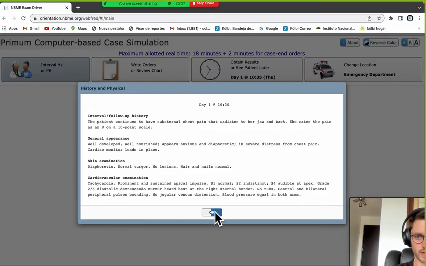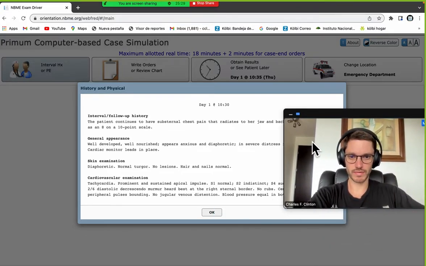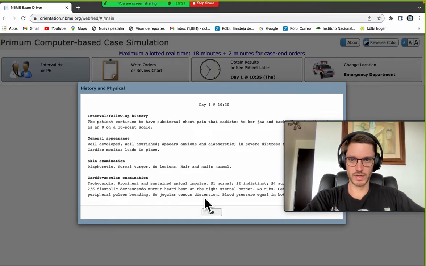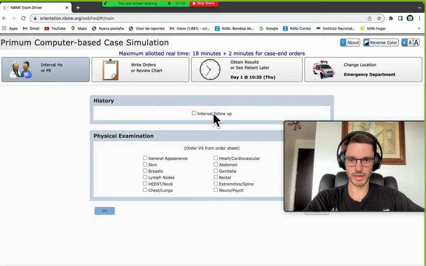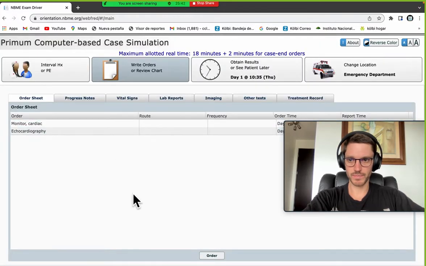Blood pressure. Yeah, we need the echo. We need indirect findings since she's tachycardic. Could this be a thromboembolism? We need an x-ray. Let's get that portable x-ray. Here we have the echo.